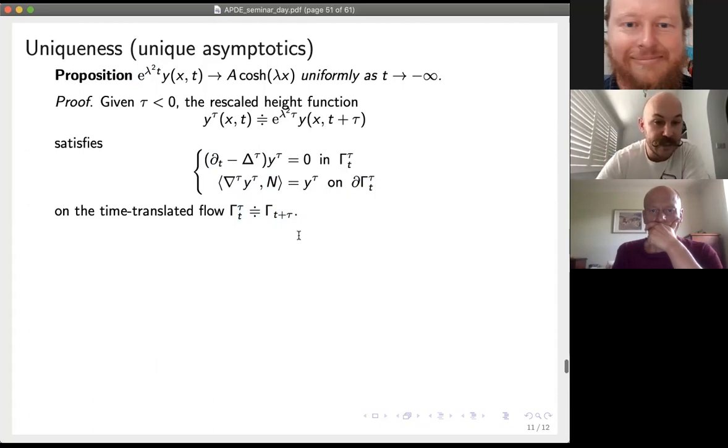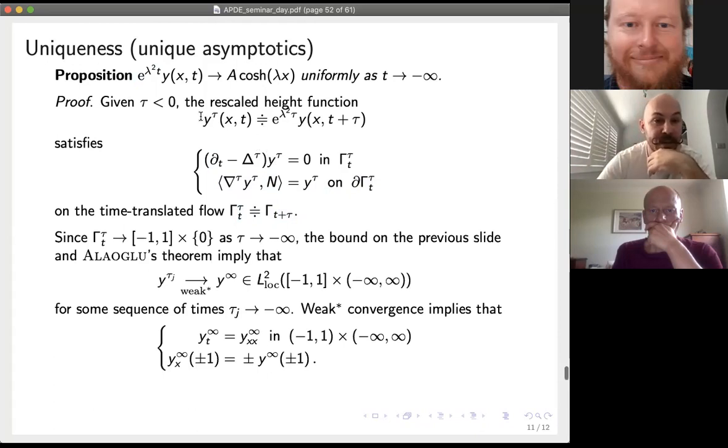And we had this estimate on the previous slide, which implies a uniform bound for this rescaled height function on suitably bounded time intervals, bounded forwards in time. Then we can apply Alaoglu's theorem to get a limit in the weak star sense. We just need a bound for these functions, then along some sequence of times we get convergence in the weak star topology to something in this space.